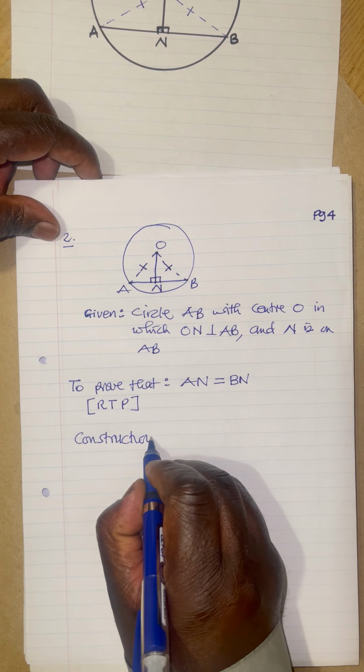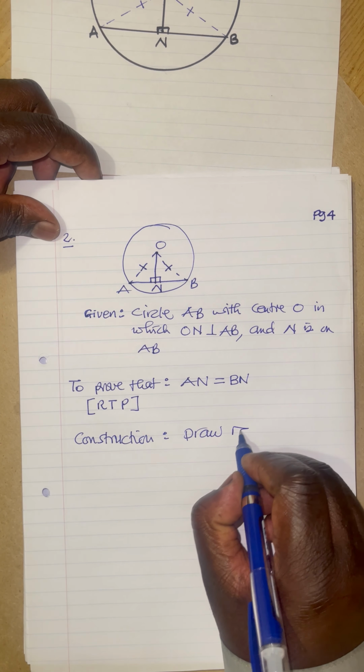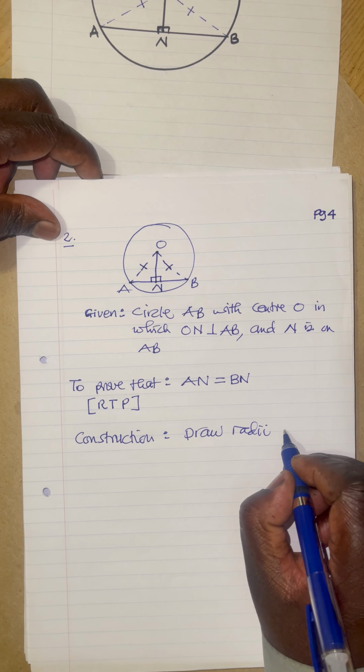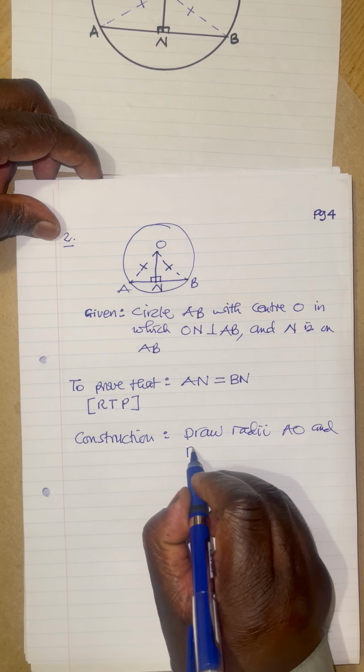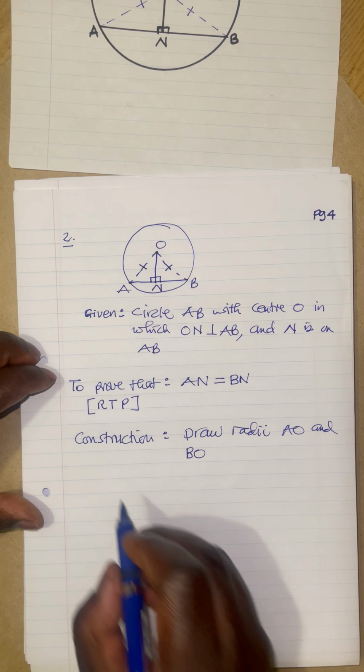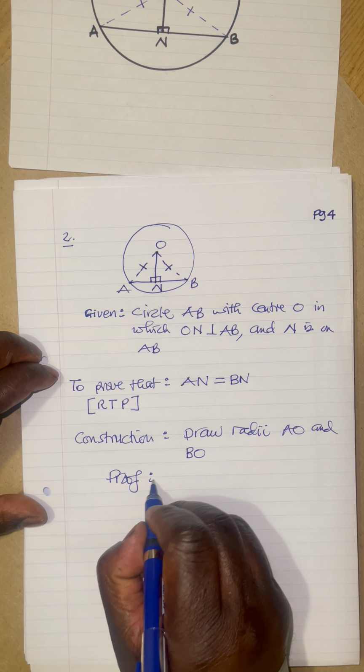Construction: we're required to draw radii AO and BO. And then we go straight to the proof. What are we saying?